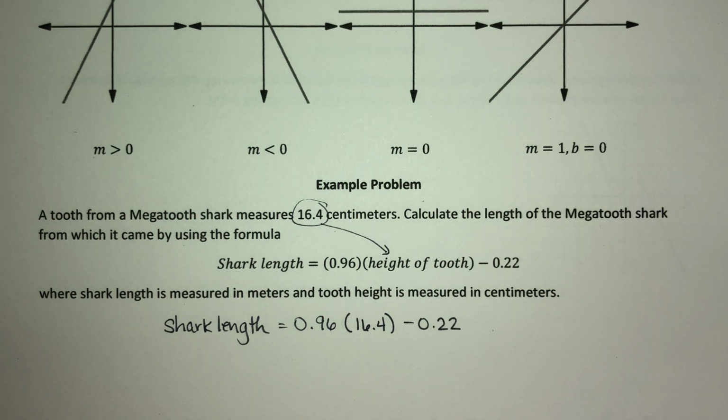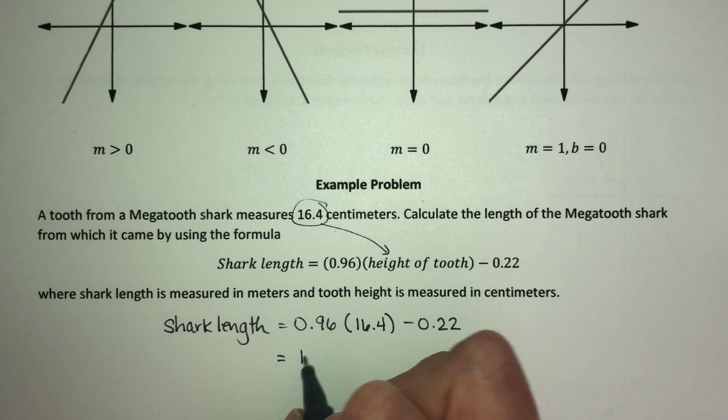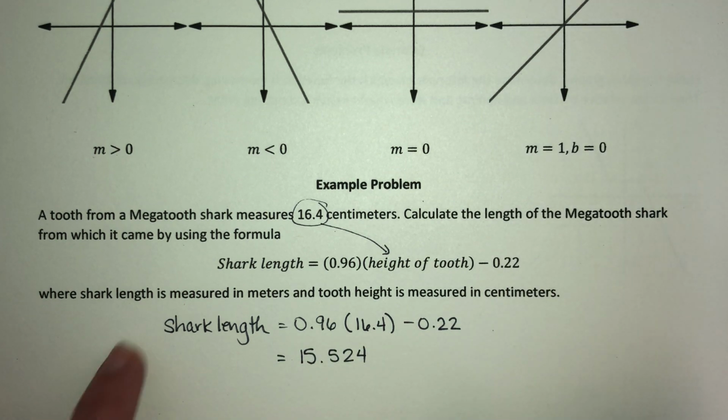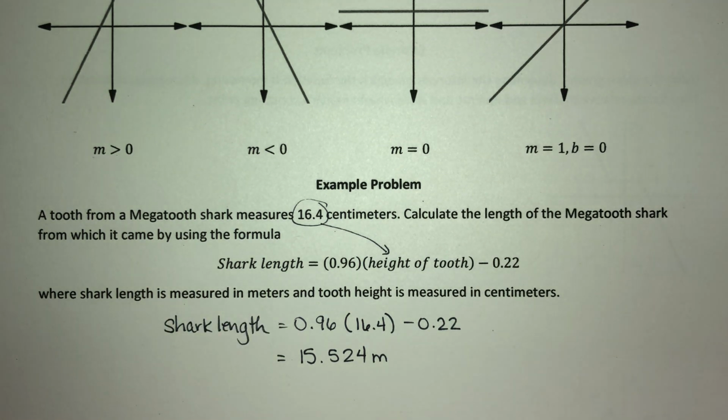And 0.96 times 16.4 minus 0.22 is equal to 15.524. And the length is in meters, so meters. That's all you have to do. That's probably second nature to you at this point in your mathematical careers.